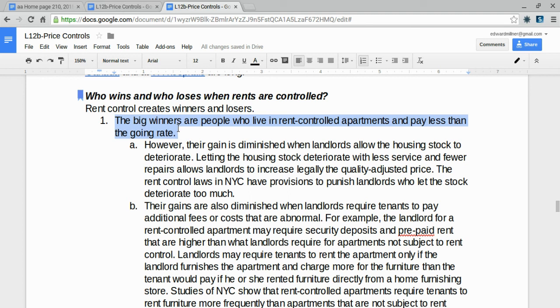Letting the housing stock deteriorate with less service and fewer repairs allows landlords to legally increase the quality-adjusted price. The rent control laws in New York City have provisions to punish landlords who let the stock deteriorate too much.